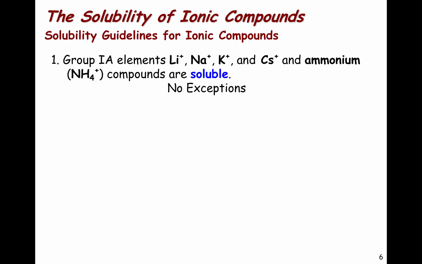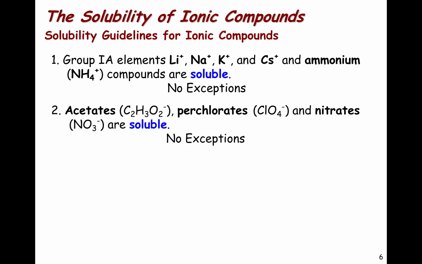And the other ion that also produces compounds that are soluble is the ammonium ion. So if you have an ionic compound with lithium, sodium, potassium, cesium, or ammonium ion as the first ion in the formula, this will generally be a soluble compound. There are no exceptions to this rule.